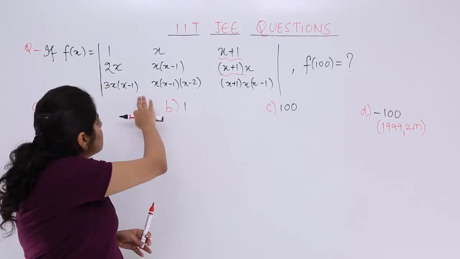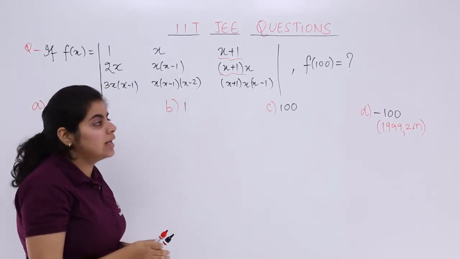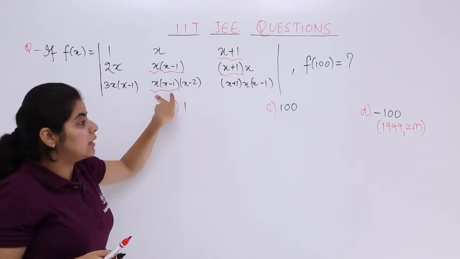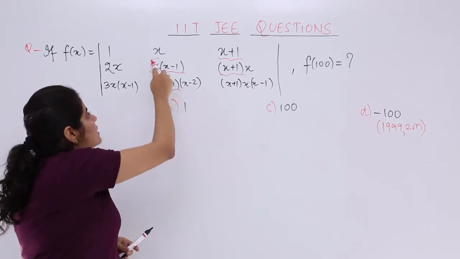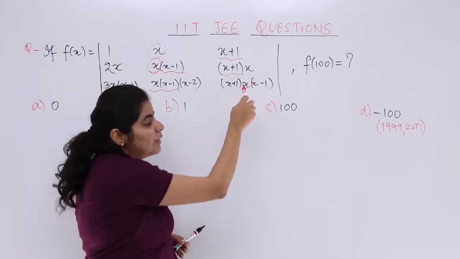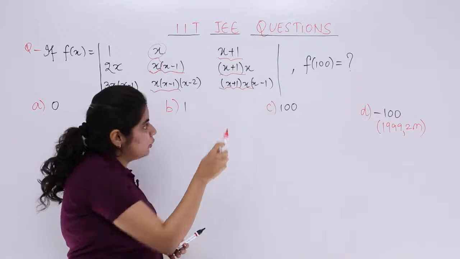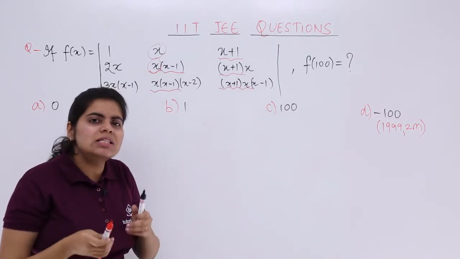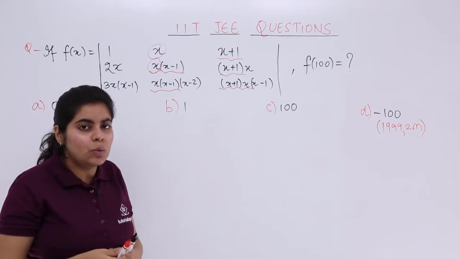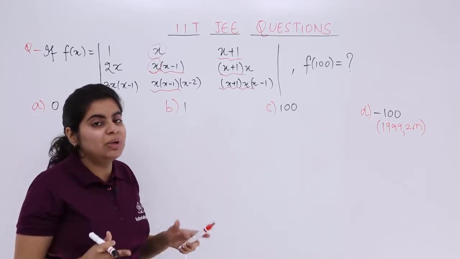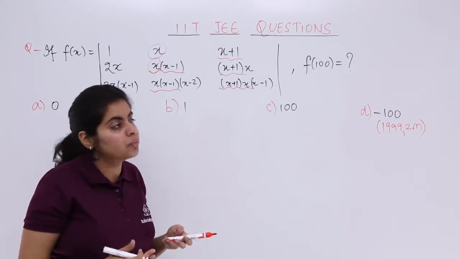Then you see 3x, x minus 1, x minus 1 everywhere this thing is there. x minus 1 is here also, x is here also. Here also see x plus 1 into x, that x plus 1 into x is downwards also, one more element is extra added. So that means something is there which can be taken out as common or which can be manipulated to help me out.